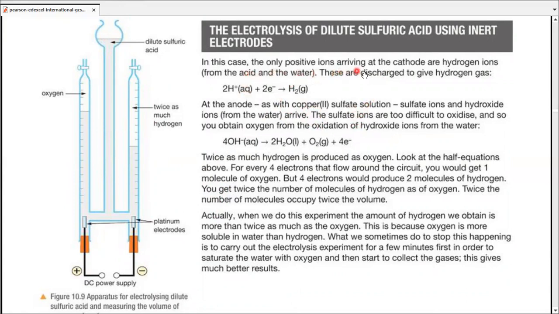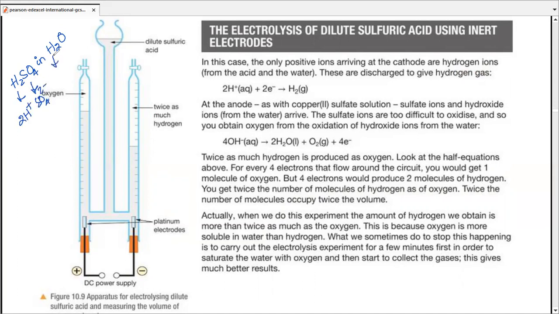In this case, the positive ions arriving at the cathode are hydrogen ions, both from the acid and from the water. So since they directly start with it, what I tell my students every time, it's better to go with this activity that I do in the start, right? Okay. So this gives you two of these ions, one of this one.